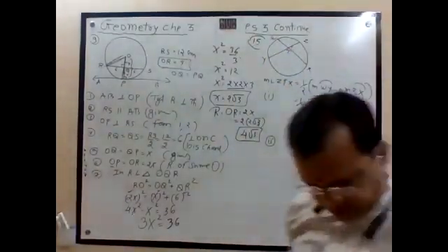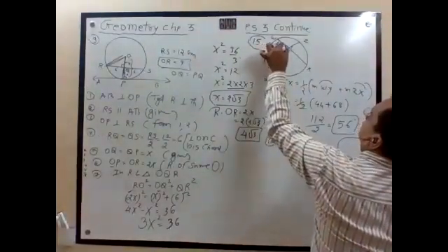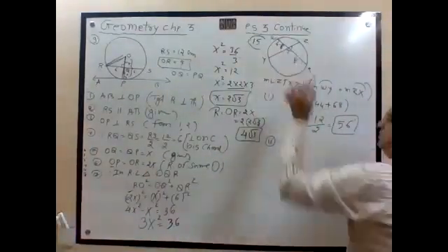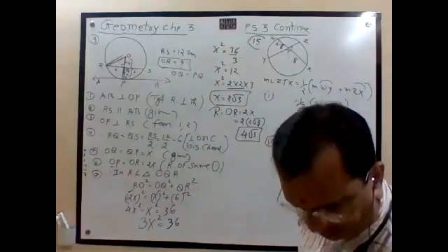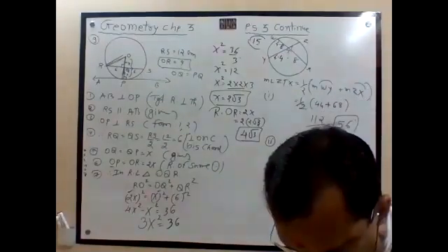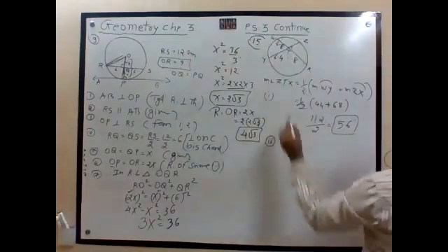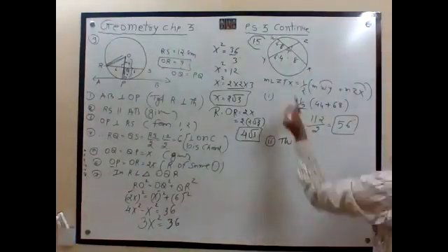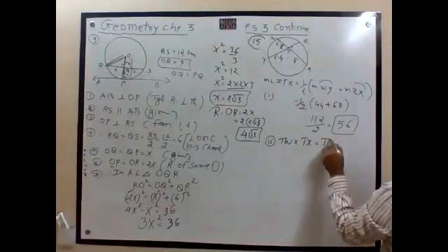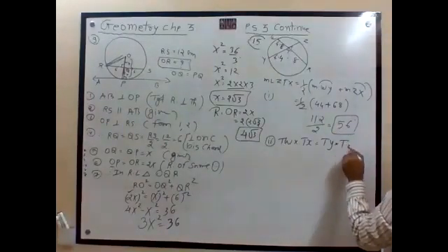Now, as per the segments, WT is 4.8, TX is 8, YT is 6.4, and TZ is the question. So from the intersection, TW, TX, TY, TZ.